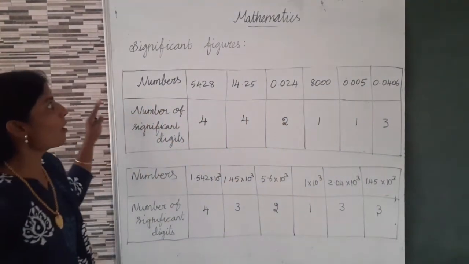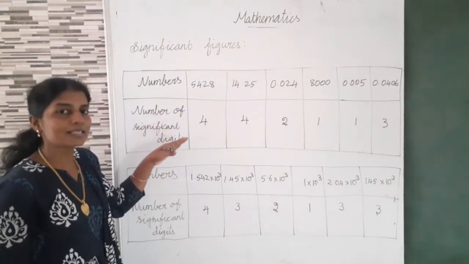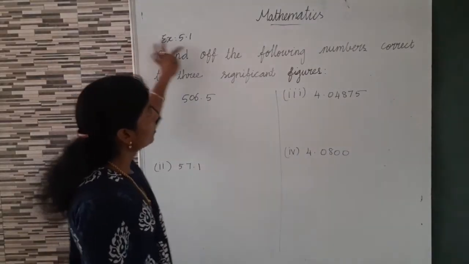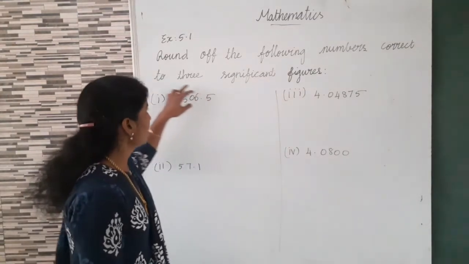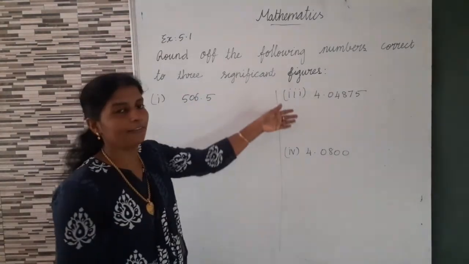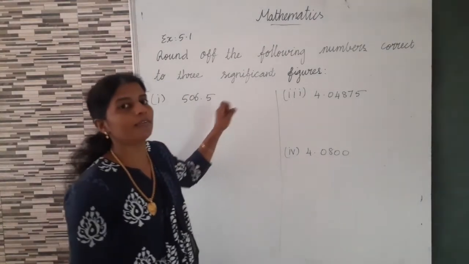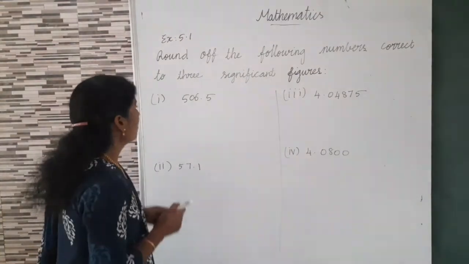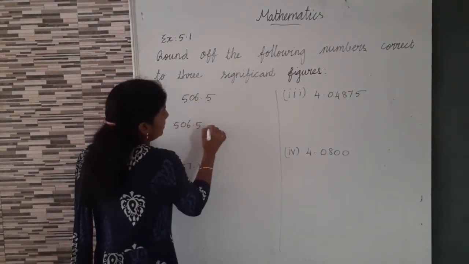Now, clear how can you add the significant digits? What is significant figures? Clear? Now exercise 5.1, round off the following numbers correct to 3 significant figures. We have here more than 3 significant figures, isn't it? We need only 3 significant figures. So we can write only 3 significant figures. First one, 506.5.